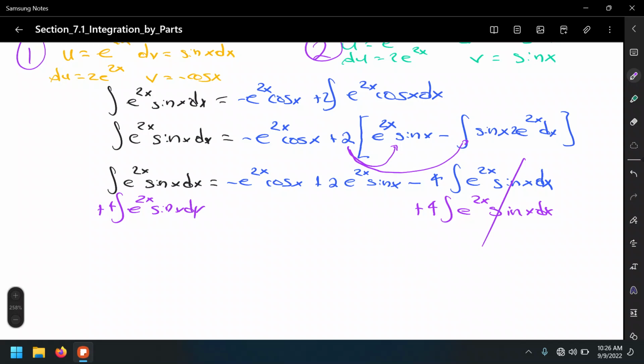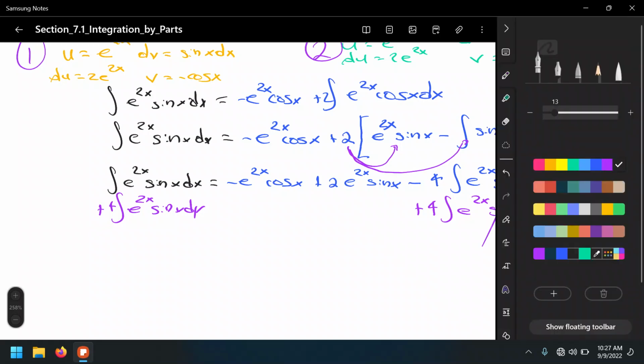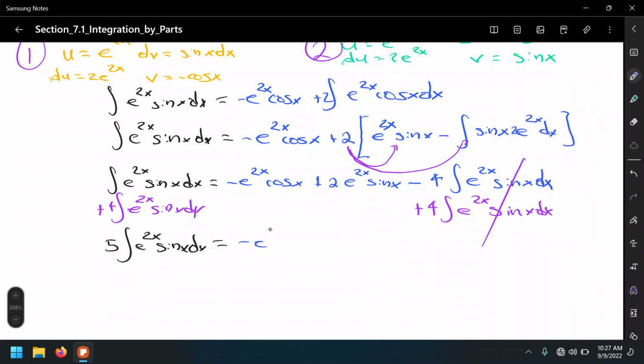These cancel here, and 1 integral plus 4 integrals, how many total integrals? 4. How much is that? 5 times the integral of e^(2x) sin x dx equals negative e^(2x) cos x plus 2 e^(2x) sin x.